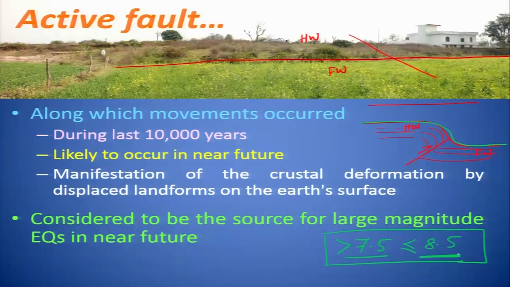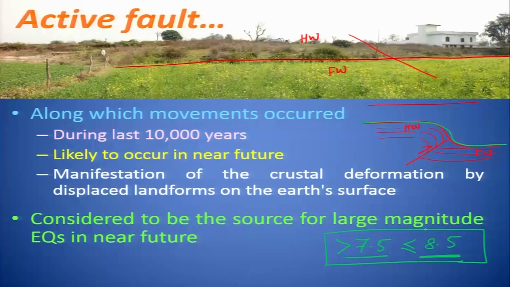So, these earthquakes are dangerous, and the features which we have mapped on the surface, which we call active faults, are important to understand the hazard in this particular area. This is a very common practice in most countries, but in India we are slowly doing our job, and hopefully in a few years we will have a complete active fault map of the regions which are seismically active. Okay.